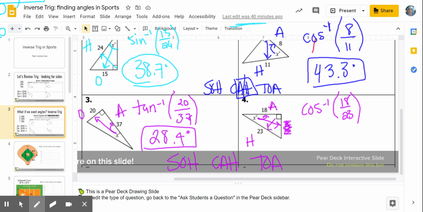Nice. And if you're getting some weird decimals, let us know what decimals you're getting so we can try to figure out how to help. Because there's a lot of different little places to make mistakes here.